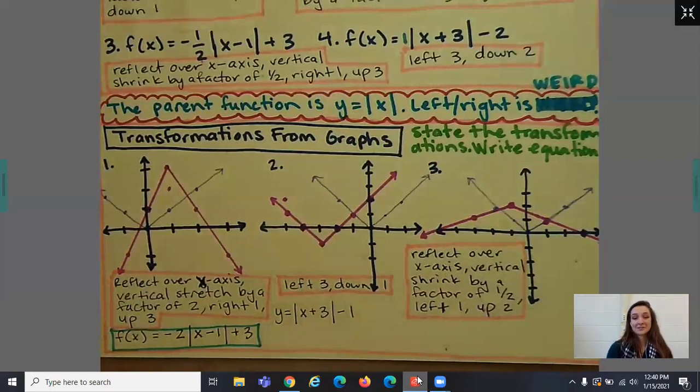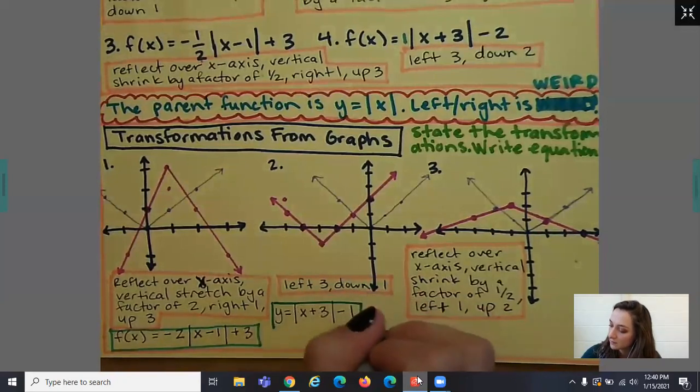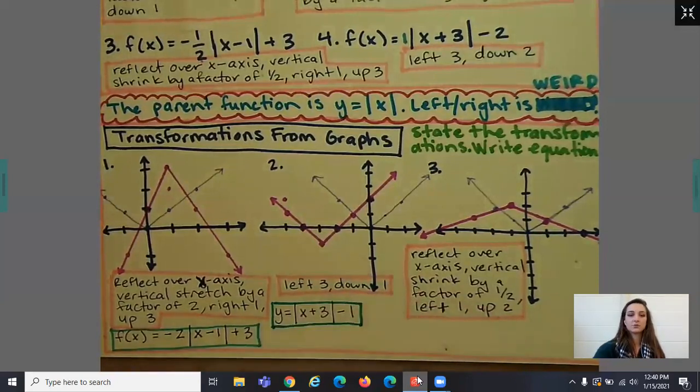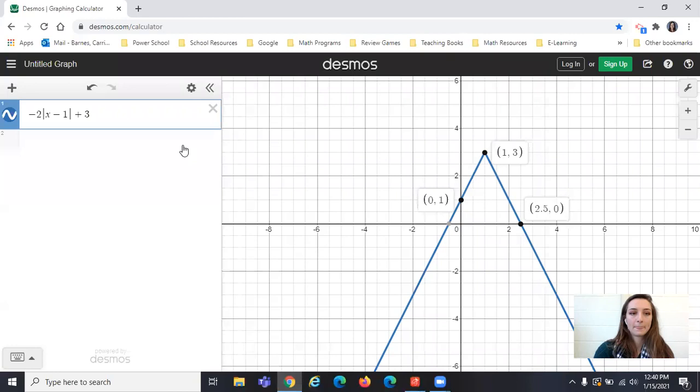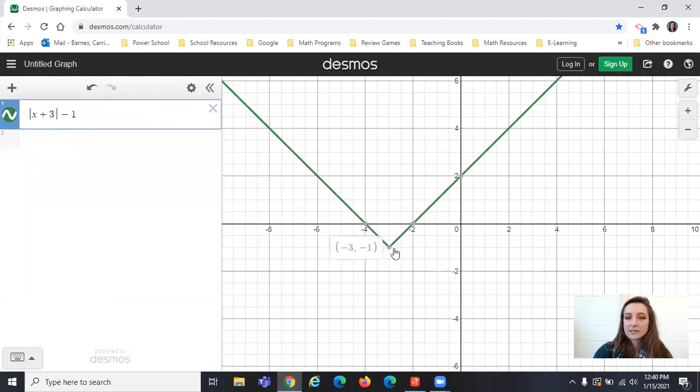And that's actually all for this equation. So let's check and make sure that this did the correct thing. So let's go to Desmos. Okay, and we can see the vertex is down here at -3, -1. That's the exact same as our graph.